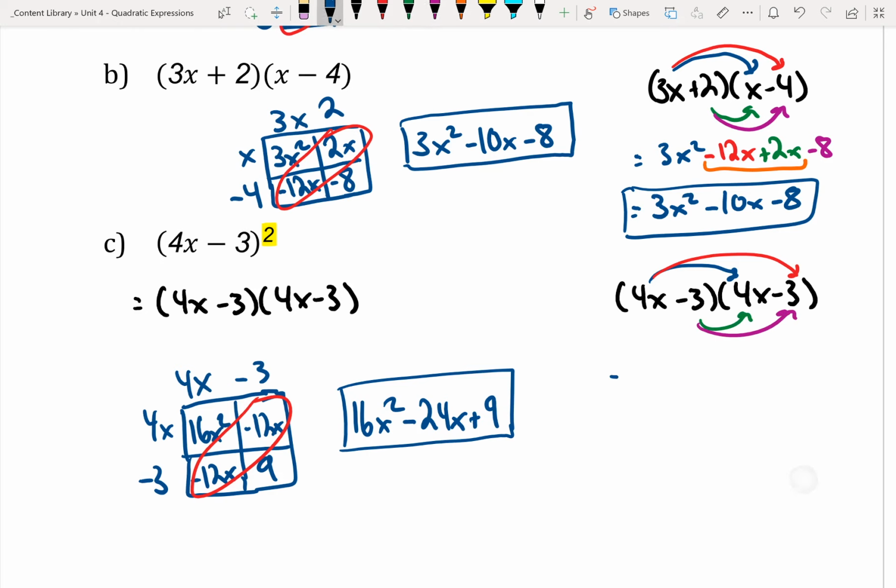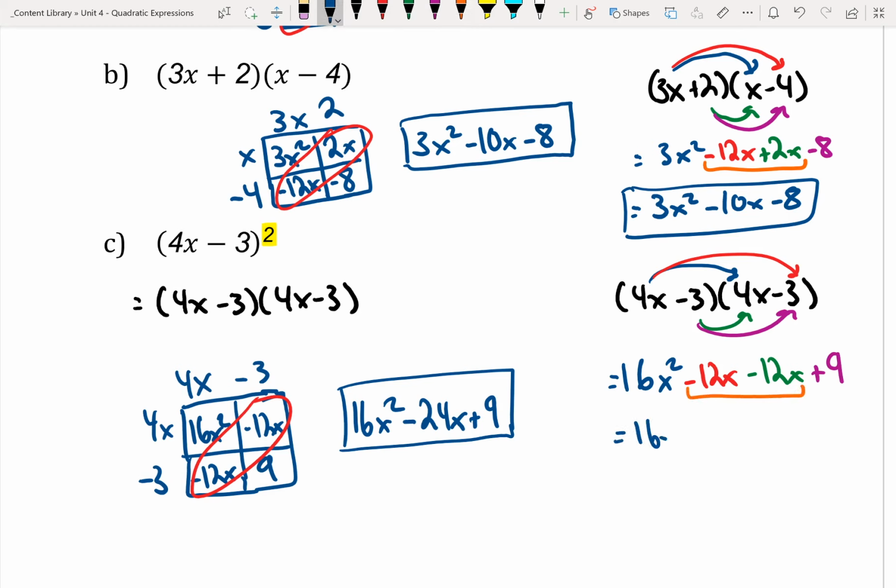So we get 4x times 4x, so we get 16x squared, 4x times negative 3, so minus 12x, negative 3 times 4x, so minus 12x again, and negative 3 times negative 3, which is positive 9. Again, we do have some like terms that we can add together.